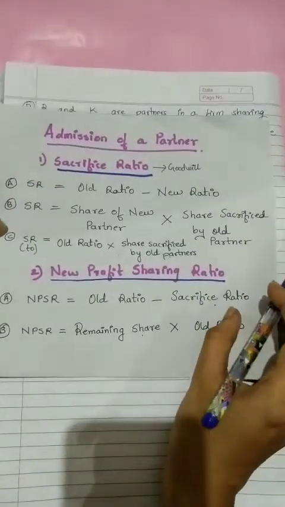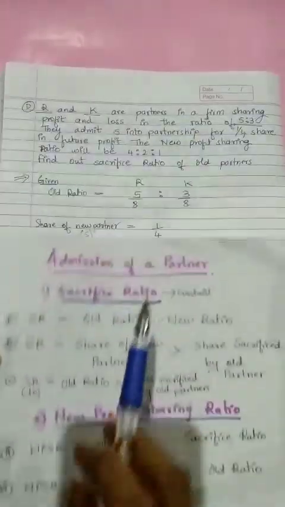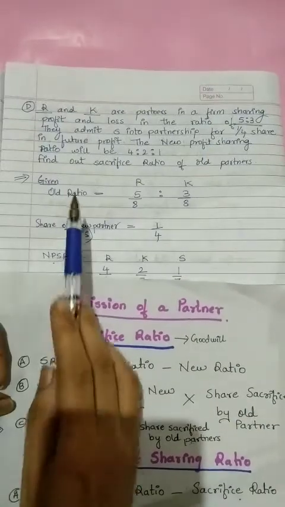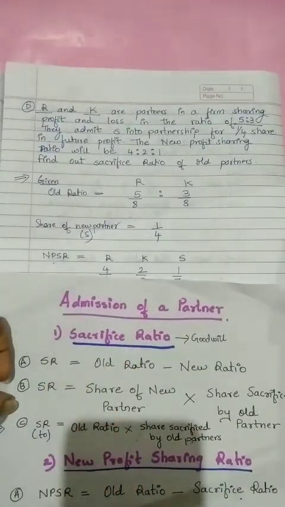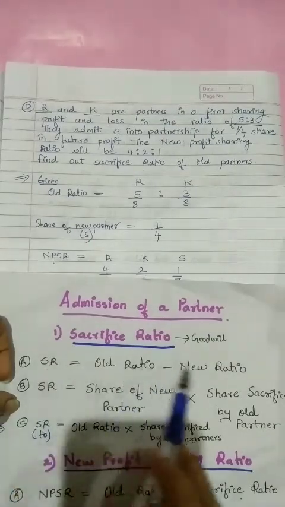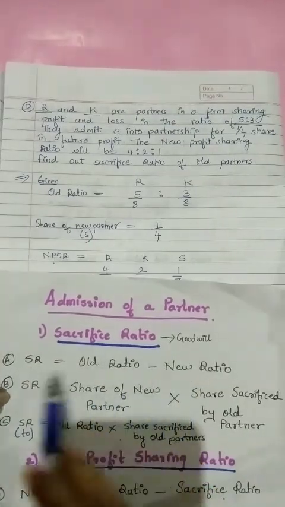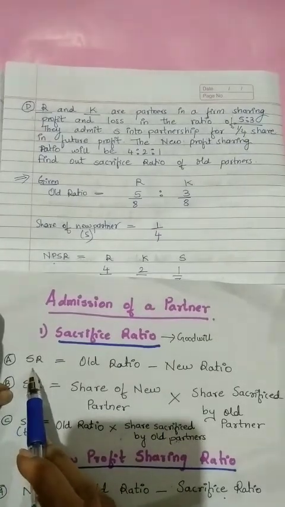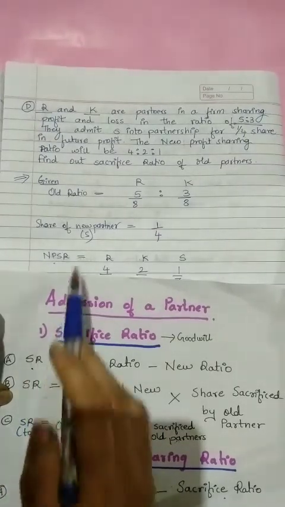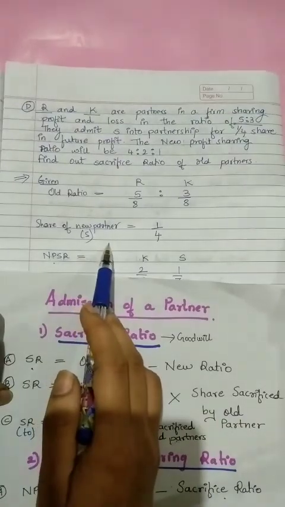Here are the formulas. We have the old ratio, share of the new partner and new profit sharing ratio. So applying the first formula itself, we can directly calculate the sacrifice ratio. This is just given to confuse you.